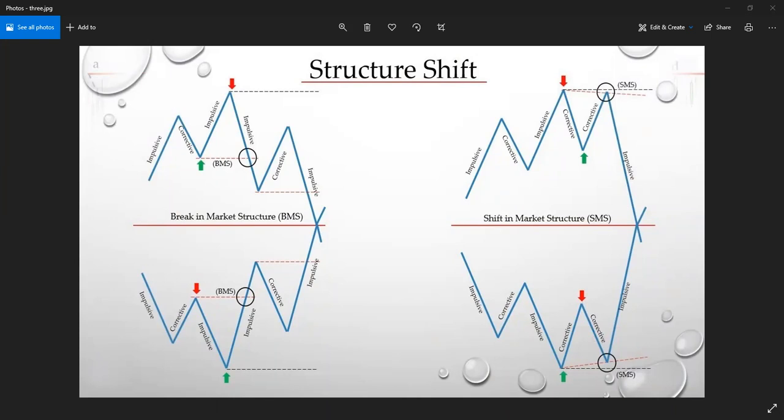Yes. That is where Fibonacci now comes in. Although I don't know whether Femi understands that one too. You cannot use Fibonacci retracement just anywhere. It is in a break in market structure that Fibonacci retracement works very, very well.